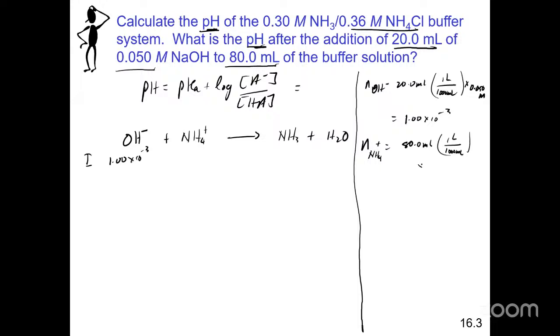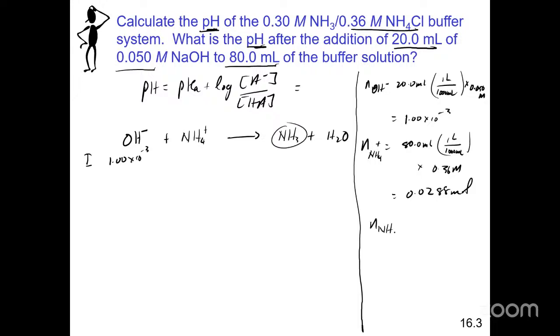And we multiply that by the molarity of the ammonium, which is 0.36 M, right? Let's see what that gives. 80 divided by 1,000 times 0.36. And I got, when rounded off to 3 sig figs, 0.0288 moles. All right? And then we need to find the number of moles of ammonia.